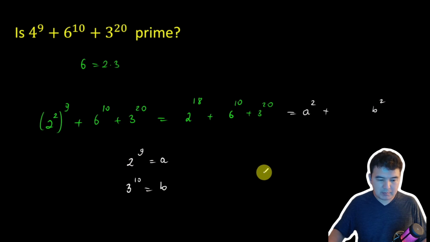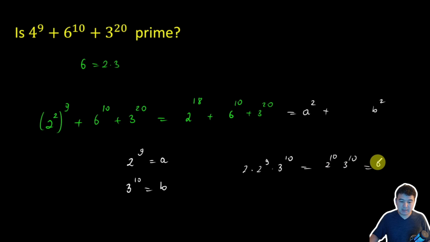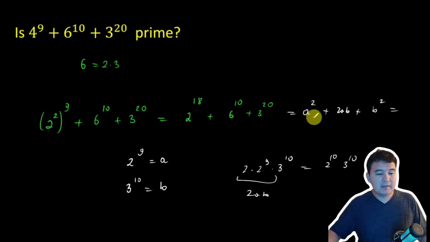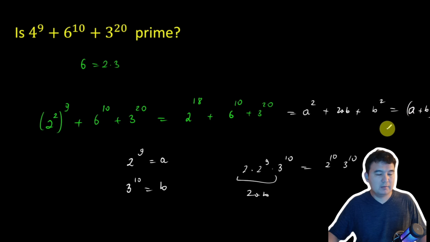If I multiply 2 to the power 9 by 3 to the power 10, and multiply one more 2, that becomes 2 to the power 10 and 3 to the power 10, which is 6 to the power 10. So this part is 2AB. Now in terms of A and B, this expression turns out to be A squared plus 2AB plus B squared, which is (A plus B) squared.